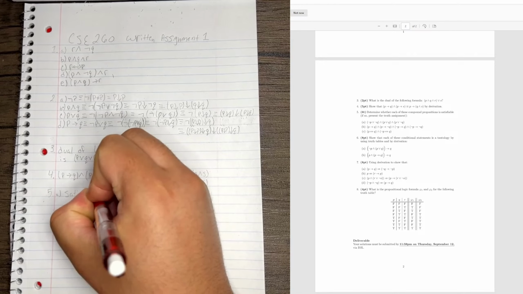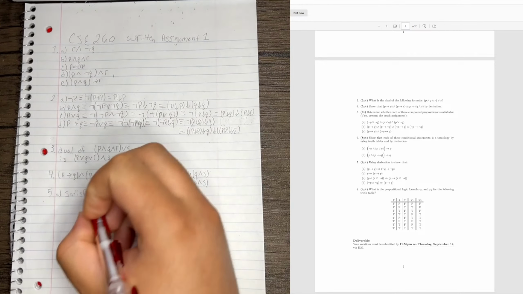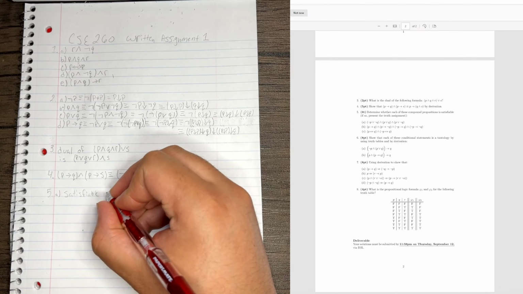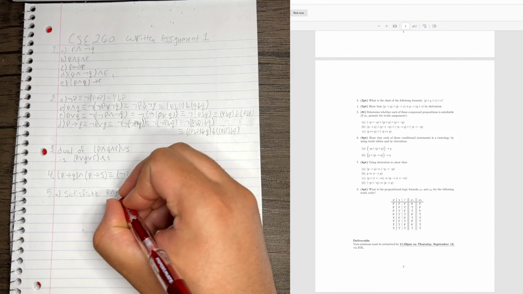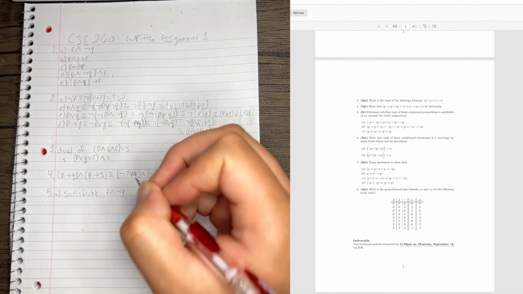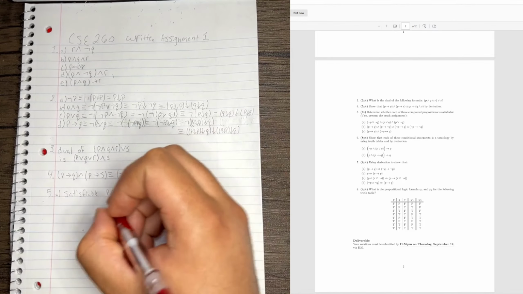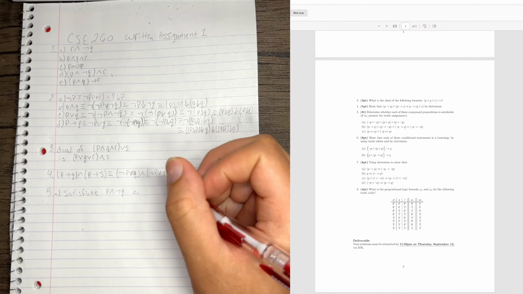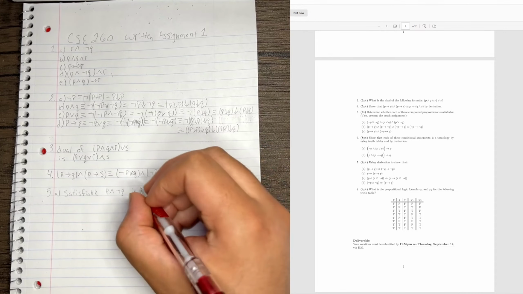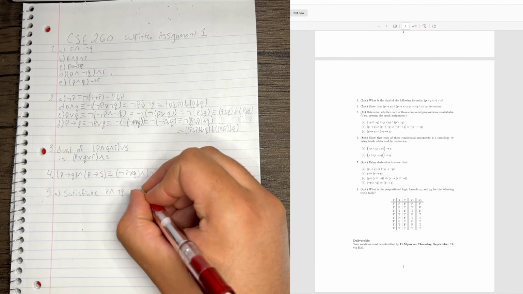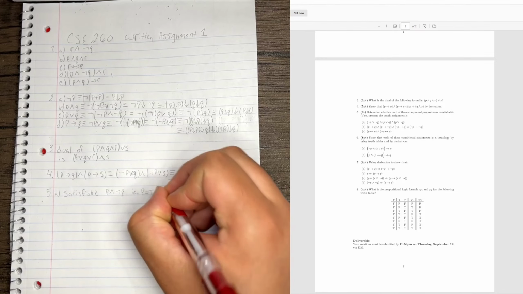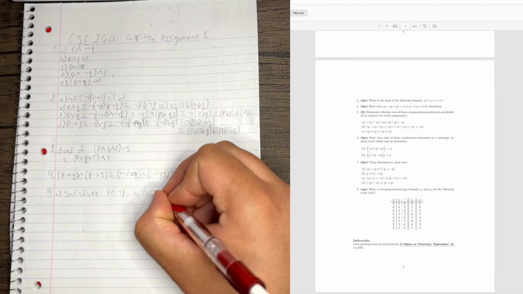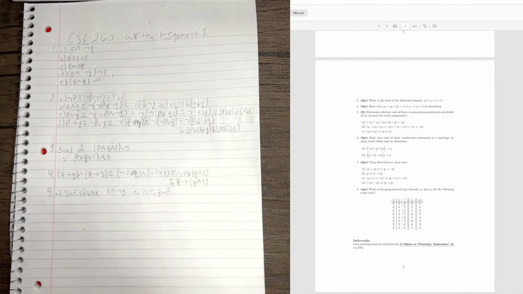Satisfiable. We have P and not Q, i.e., P is equal to true, comma, Q is equal to false.